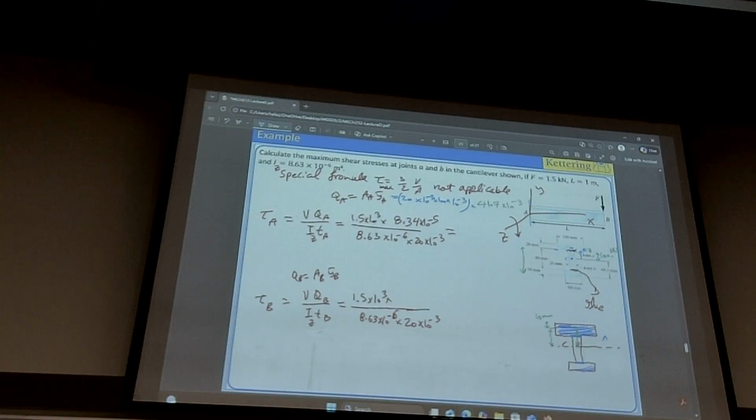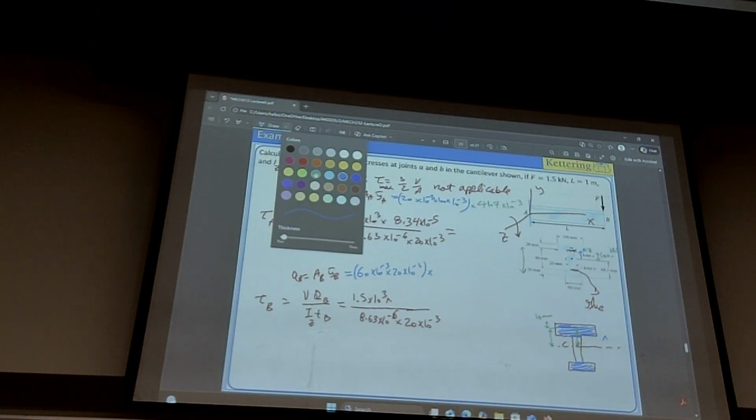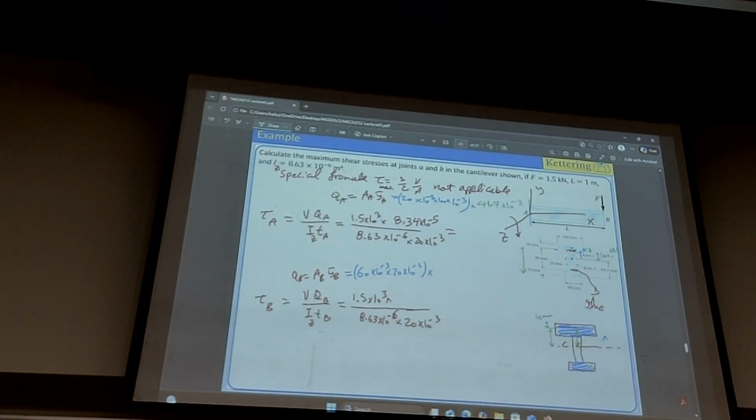It makes sense to go for the bottom area, it's just easier. And it is 60 by 20. So that's the area. And what we care about for Y bar B is again the middle, here to here. The entire thing is 68.3, and this little thing is 10 millimeters. So 68.3 minus 10, 58.3.